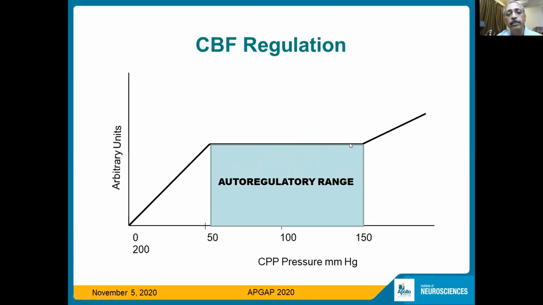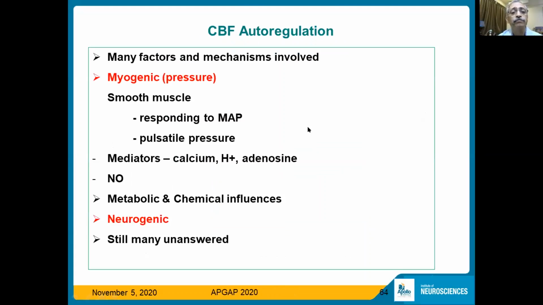When the pressure increases, the flow remains constant. Even when the pressure decreases, again the flow remains constant, within the range of 50 to 150 millimeters of mercury of cerebral perfusion pressure. When the pressure drops beyond that, there is a passive drop in the flow. When the pressure goes beyond the limit of the autoregulatory range, then there is a passive increase in the cerebral blood flow.